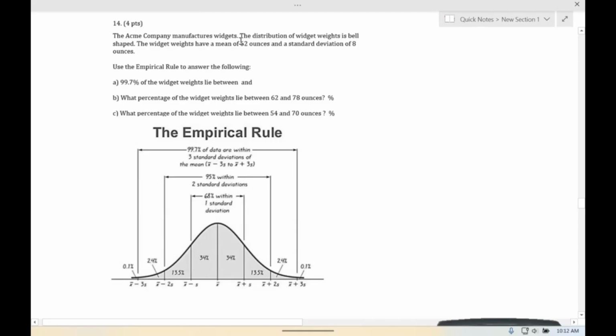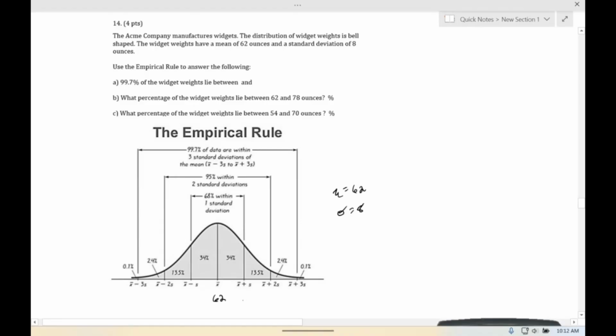Notice in the problem that we are given the mean, which is 62, and our empirical rule is centered at the mean. We're also given that the standard deviation is 8. So I'm going to fill in the rest of the chart.